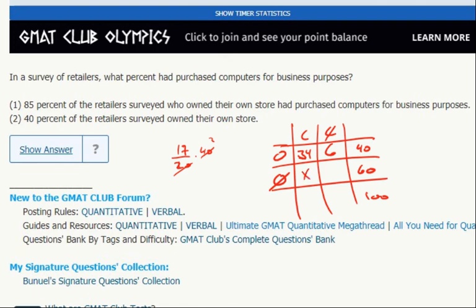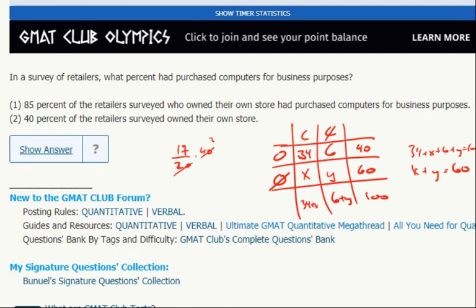Even if I try to make this X and this Y, it's 34 plus X, 6 plus Y. 34 plus X plus 6 plus Y equals 100. And then I guess I could say X plus Y equals 60.